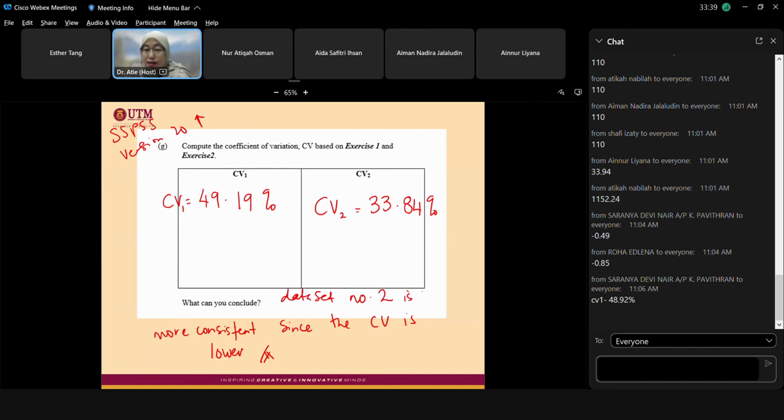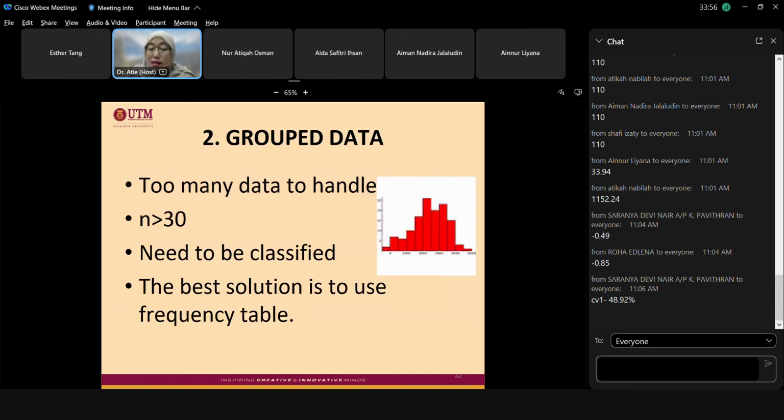So that's it for chapter 3. The rest we're going to use SPSS to solve. Remember I told you when we have very big data, when n, the number of data, is more than 30, we need to group the data before we can find the solution.